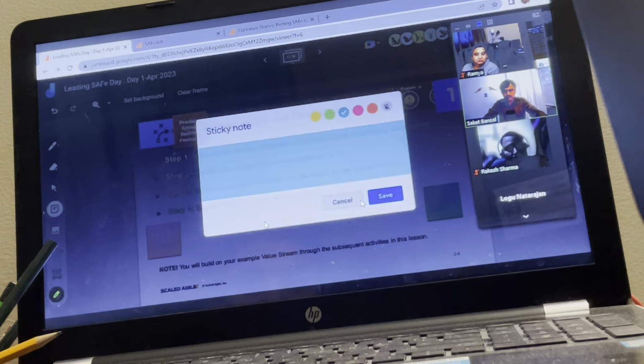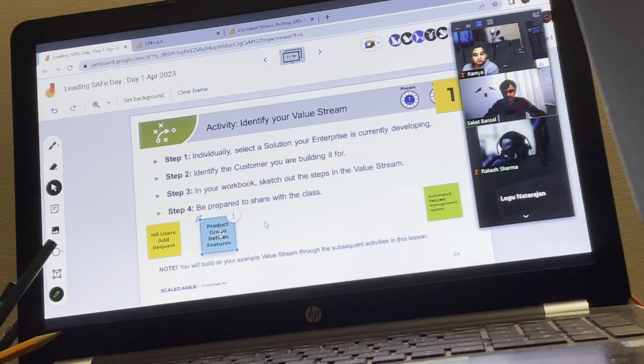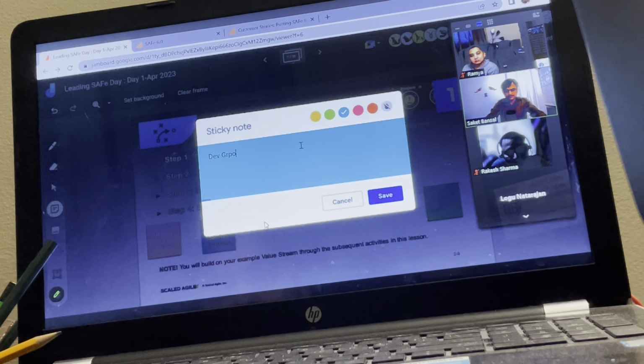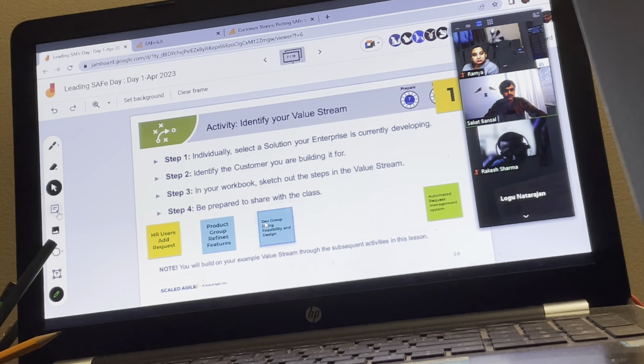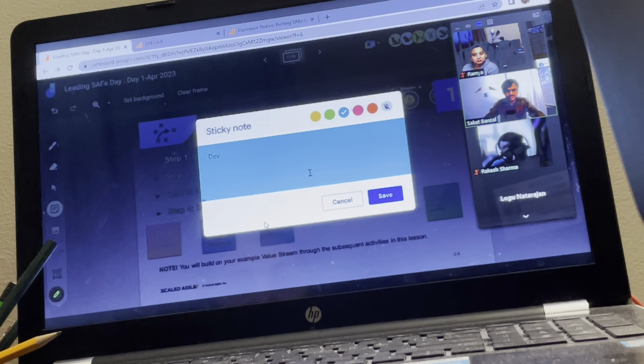Then once it is done, we have a dev group doing feasibility and design, probably. I'm just randomly saying, it depends upon how these things are divided in your area. Maybe they are two steps, or one step, and then finally there may be a process of dev and test, maybe one or a separate two processes, and finally you may have a deploy. So isn't this like a software development life cycle? That's it.